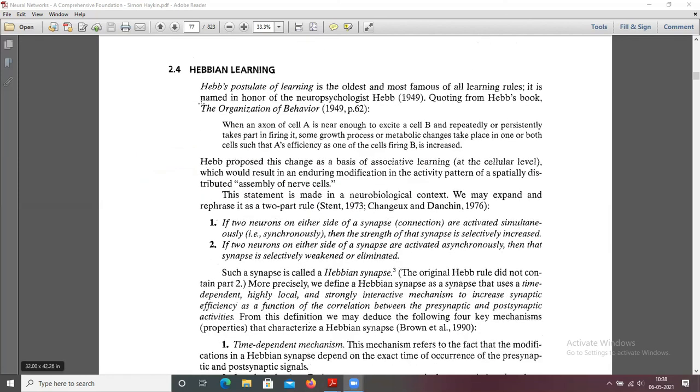These are the two rules. The first one is: if two neurons on either side of a synapse connection activate simultaneously, then the strength of the synapse is selectively increased. What does it mean?